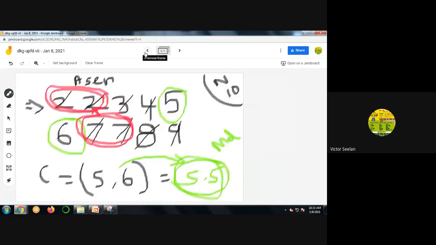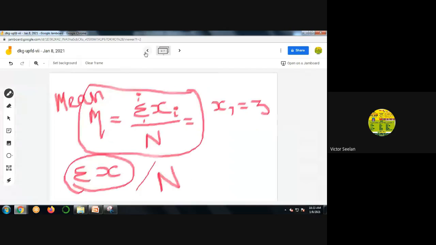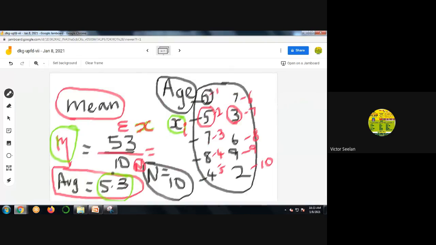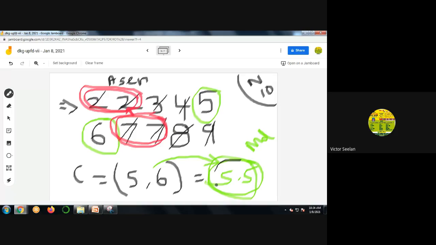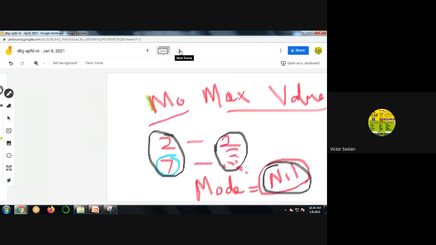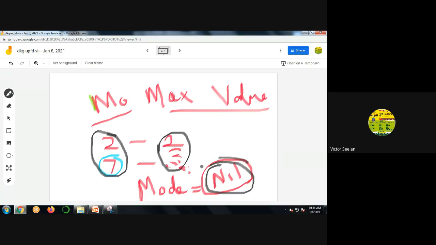So when you're using mean, my average is 5.3. And when using median, my average is 5.5. When using mode, we can't find an average.